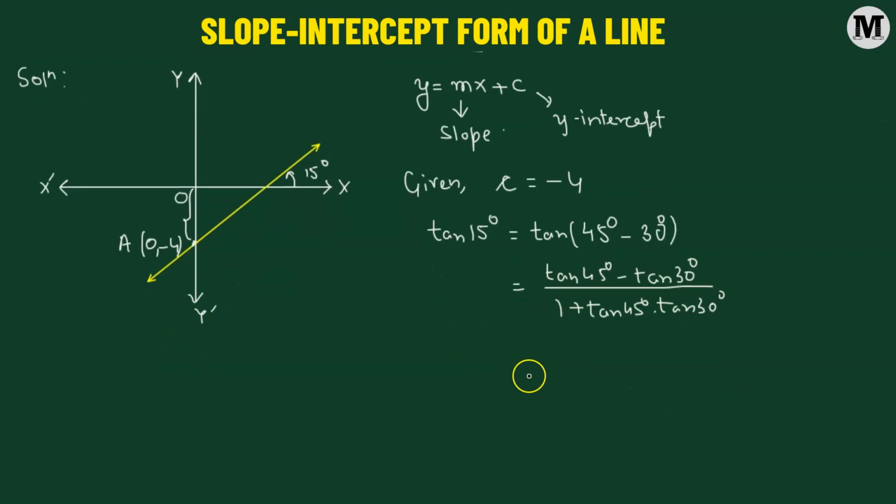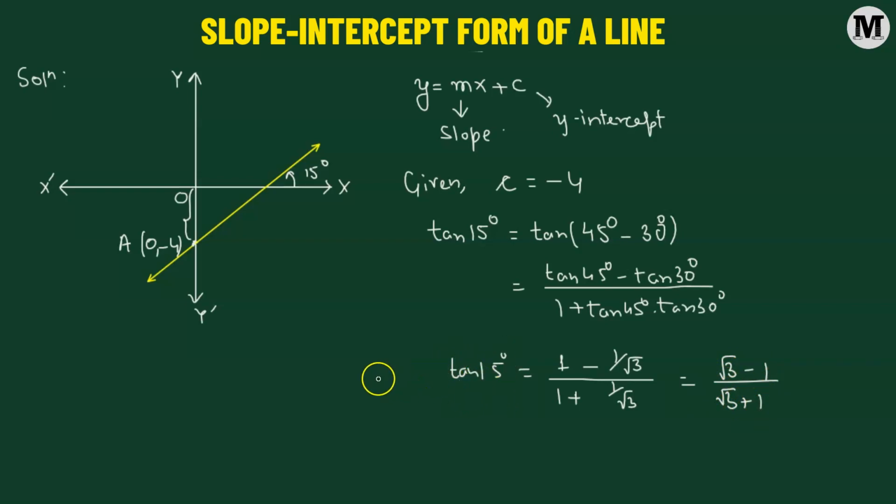The tangent of 45 degrees is 1, and tangent of 30 degrees is 1 over square root of 3. So we have (1 - 1/√3) divided by (1 + 1 × 1/√3), or simply put, (√3 - 1) divided by (√3 + 1). This is the value of tangent of 15 degrees.